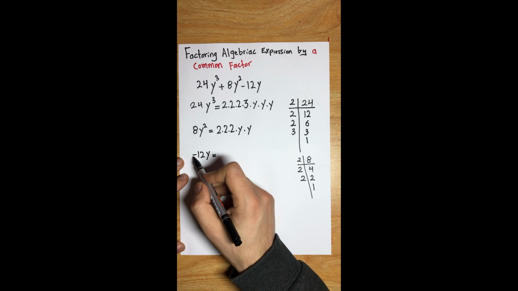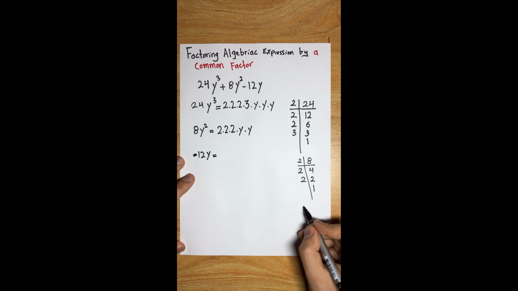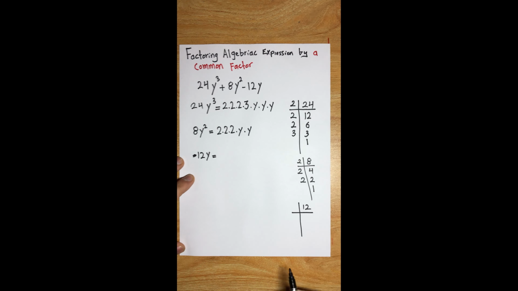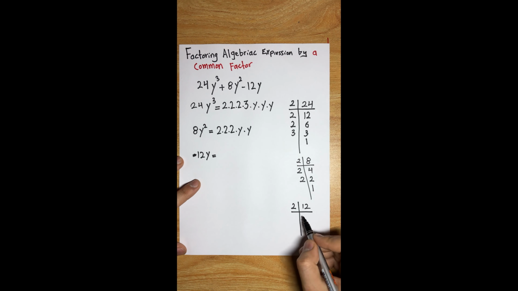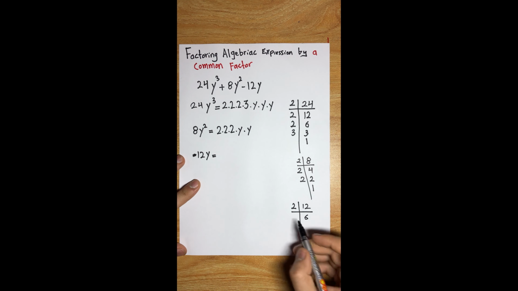It's not important to write the negative, so we can erase the negative. Now 12 is also divisible by 2 and 3, but let's start with 2. So 12 divided by 2 is 6, and then 6 is also divisible by 2 and 3.